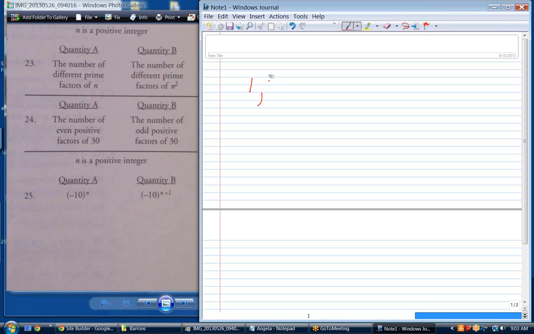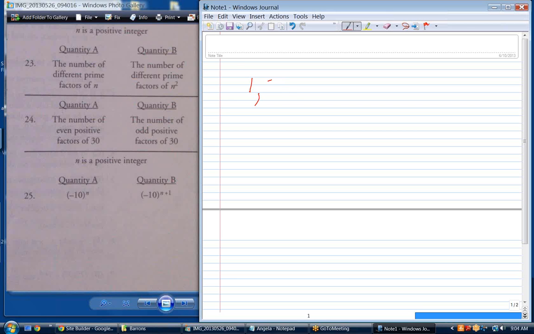I did prime. Probably it makes sense to list them as our first step. So list the factors of 30.